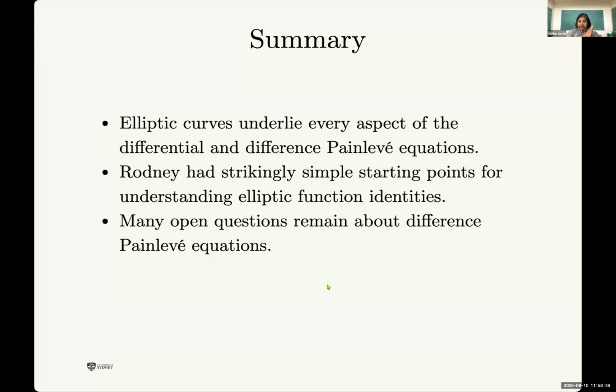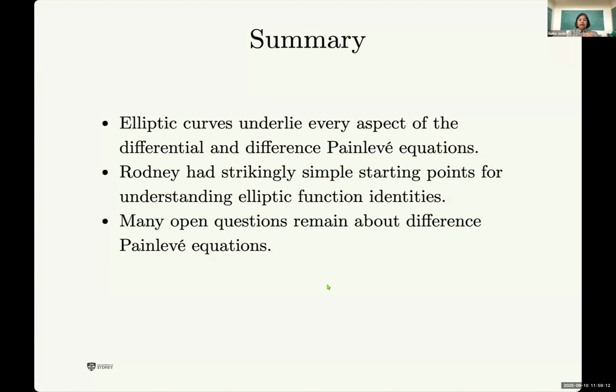That's an important direction that many people are pursuing. Or if you give me a discrete equation that you think might be important, perhaps arising from the setting of statistical physics, how to identify it as a Painlevé equation, discrete or differential. All of those are fairly open directions of research at the moment.